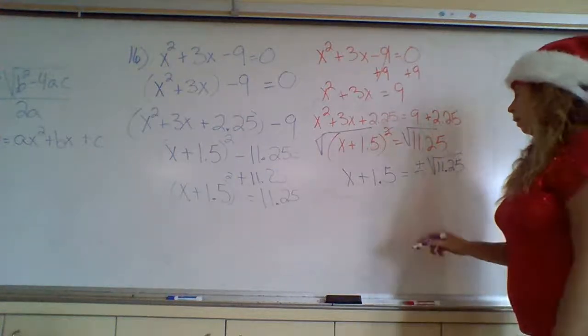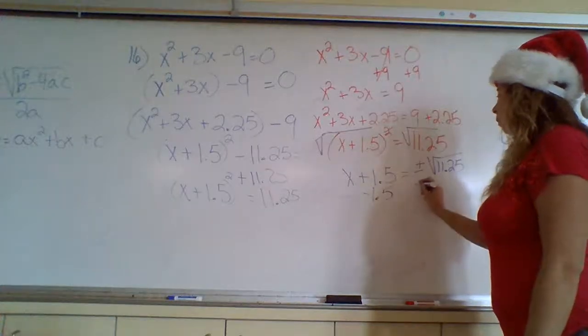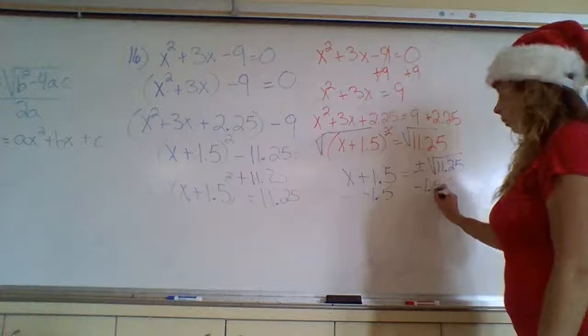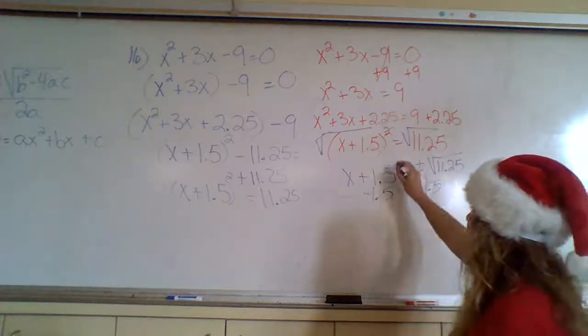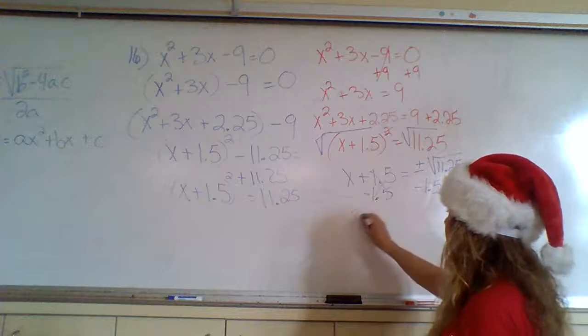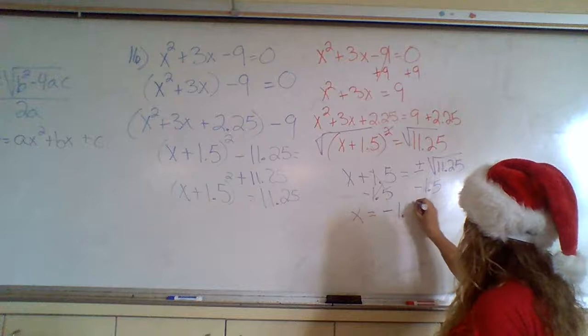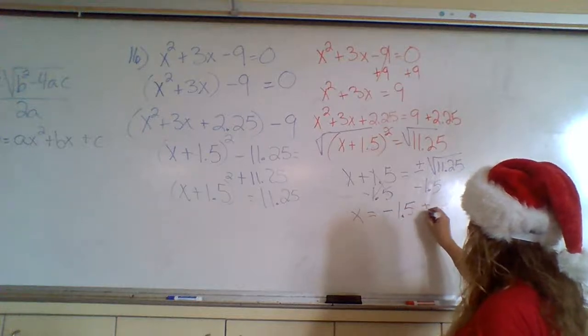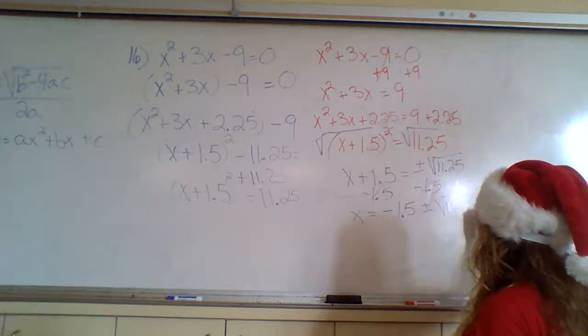Okay. So you're going to have two answers, so I'm going to subtract. So on this side, x is equal to negative 1.5 plus or minus the square root of 11.25.